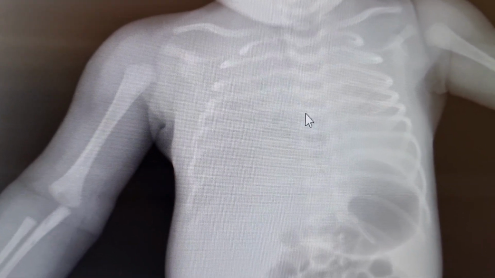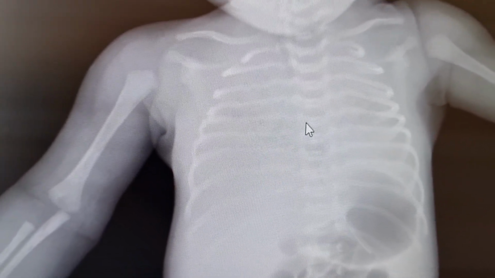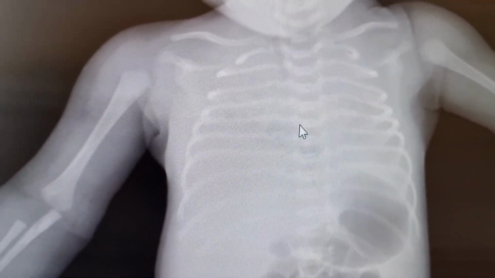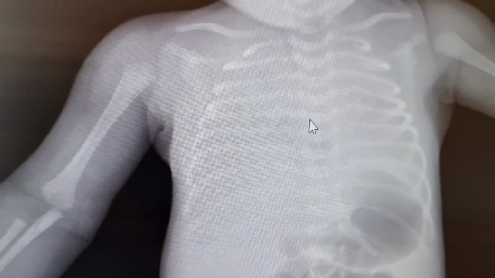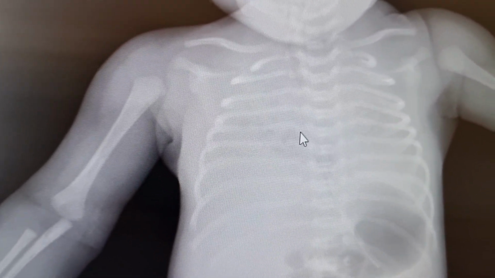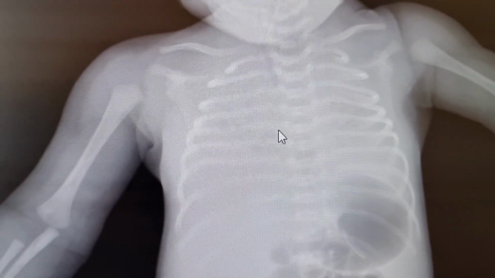We consulted ENT for tracheostomy, but unfortunately the lesion is distal to the trachea, so the tracheostomy will not benefit this baby. Even if you put a laryngeal mask, it will not benefit such cases.